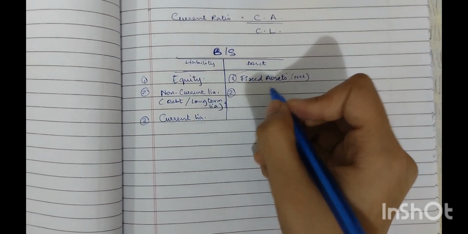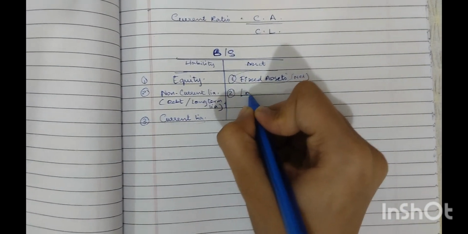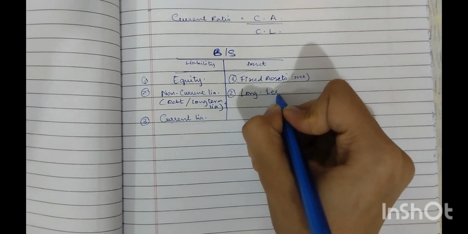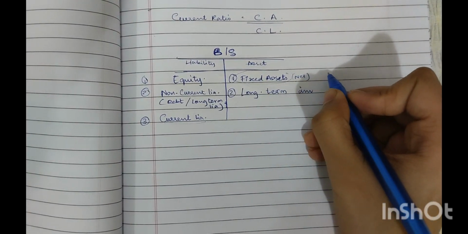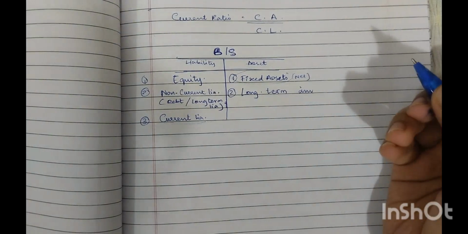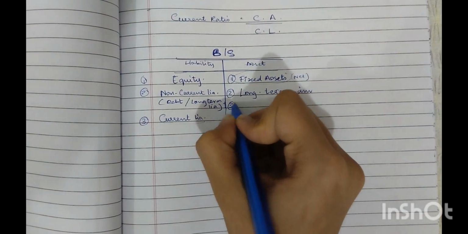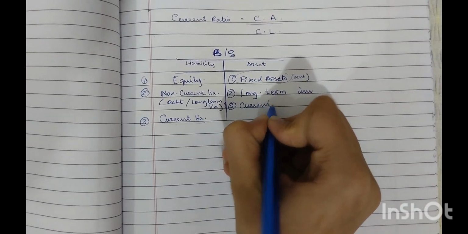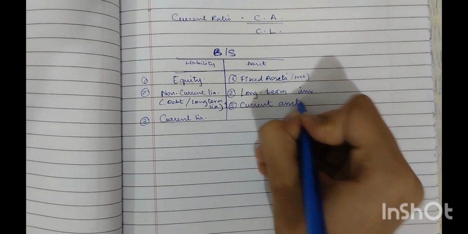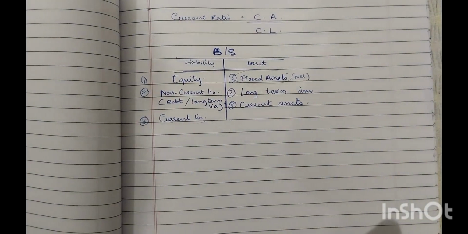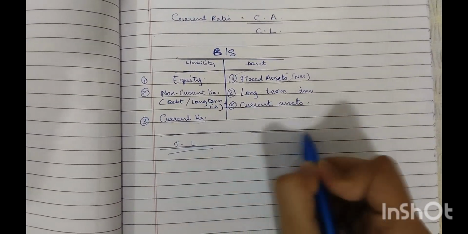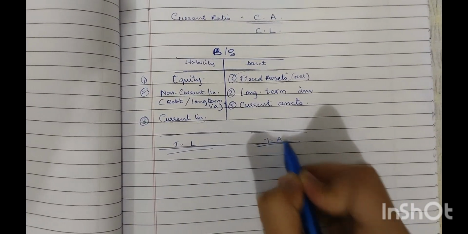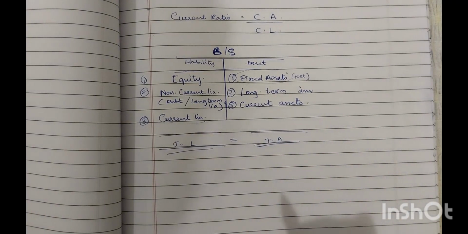Then we have our long-term investments. And these both together compose the non-current assets. Then there are current assets, which we just explained. Right. And this side comes to total liabilities, this side comes to total assets. These both are always going to be equal.